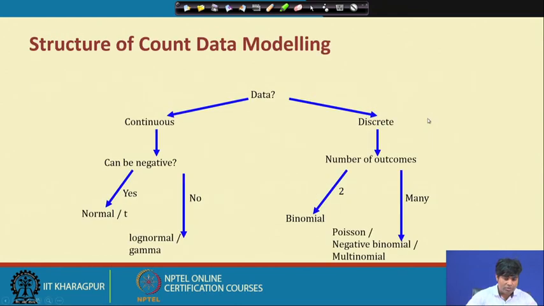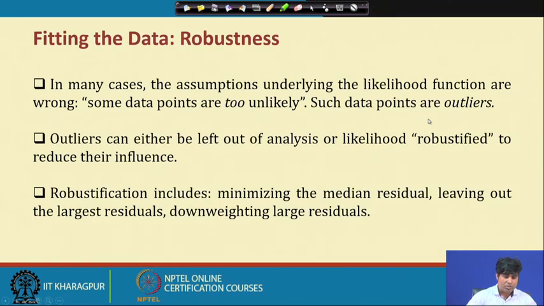Before that, I would like to bring one particular concept, since we are discussing fitting models relating to count data. We have a couple of issues here. One issue which we have highlighted is called overdispersion, and then there is robustness.